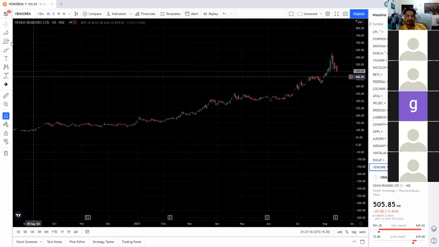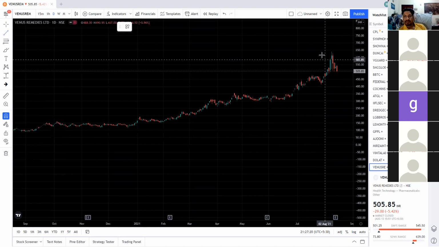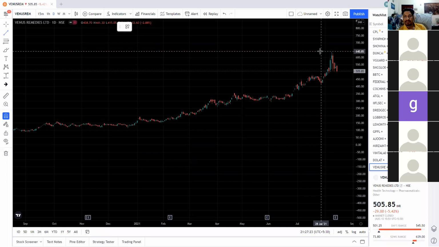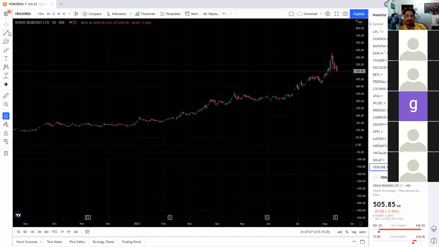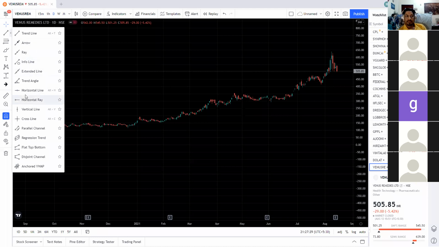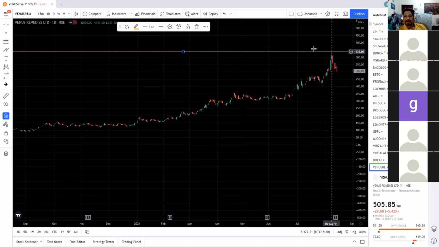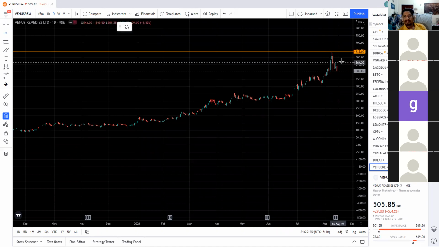Ultimately your percentage is what counts. Suppose this was running at 600, then at 650, and 10%, sorry, let me take the horizontal line. Hope everyone understands what I'm trying to explain. It is 640 and the price has changed 10%, say, 10% will be somewhere around 580, right?